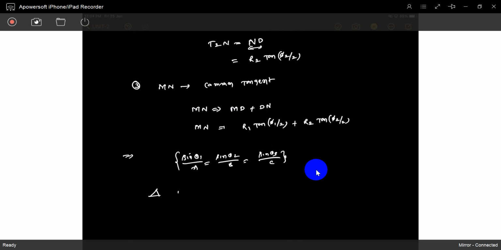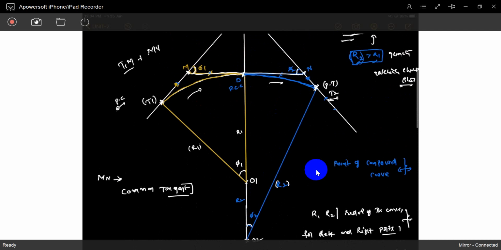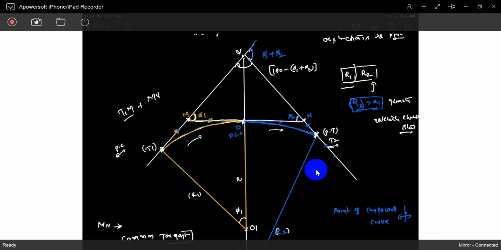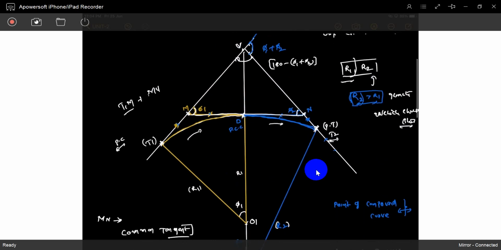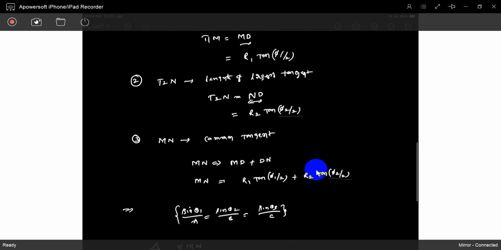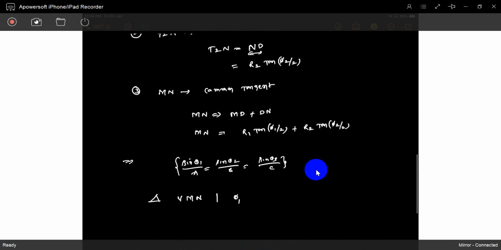VMN is a triangle. We already know the angles theta 1, theta 2, and the remaining angle is 180 minus theta 1 minus theta 2, and also we know the common side length mn. These are the known quantities.